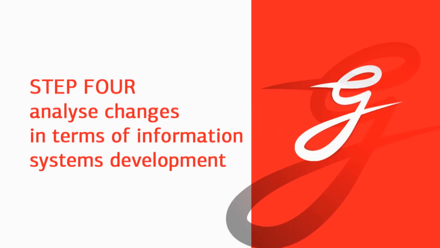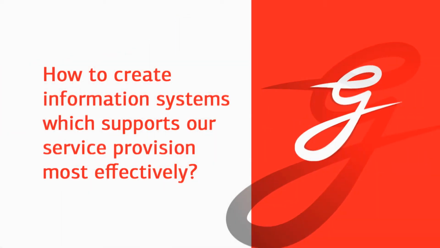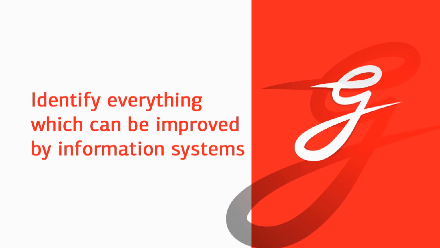Step 4 is to analyze changes in terms of information systems development. If we are talking about e-governance, we are basically talking about how to make better information systems that support our service provision. Therefore, we need to identify all those improvements and changes that we can support by changes in information systems.